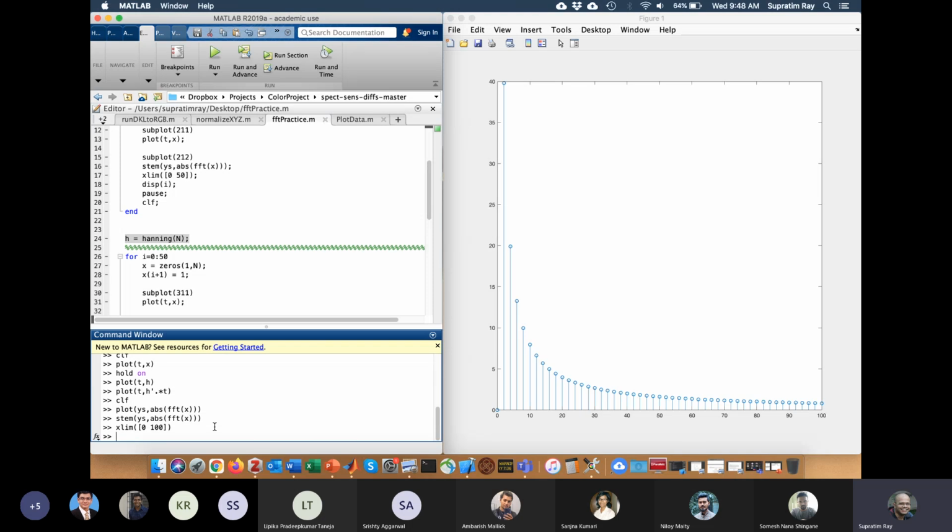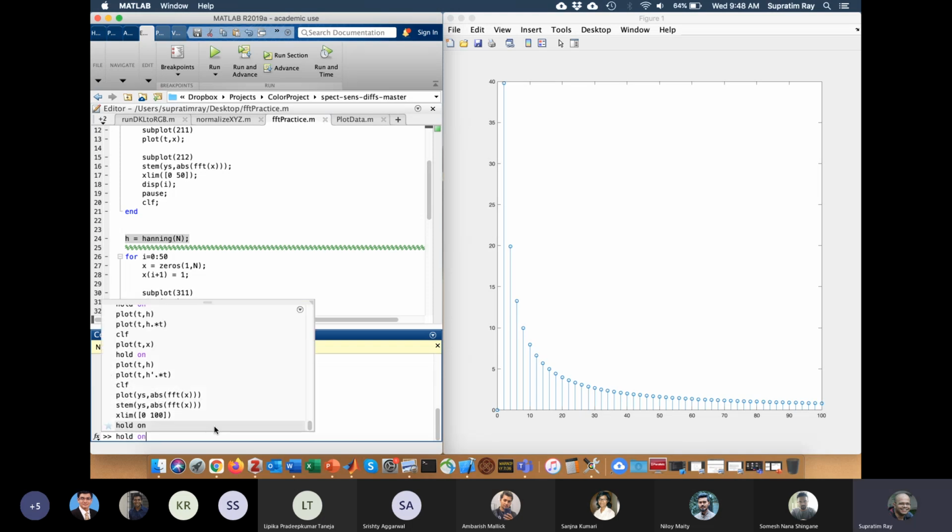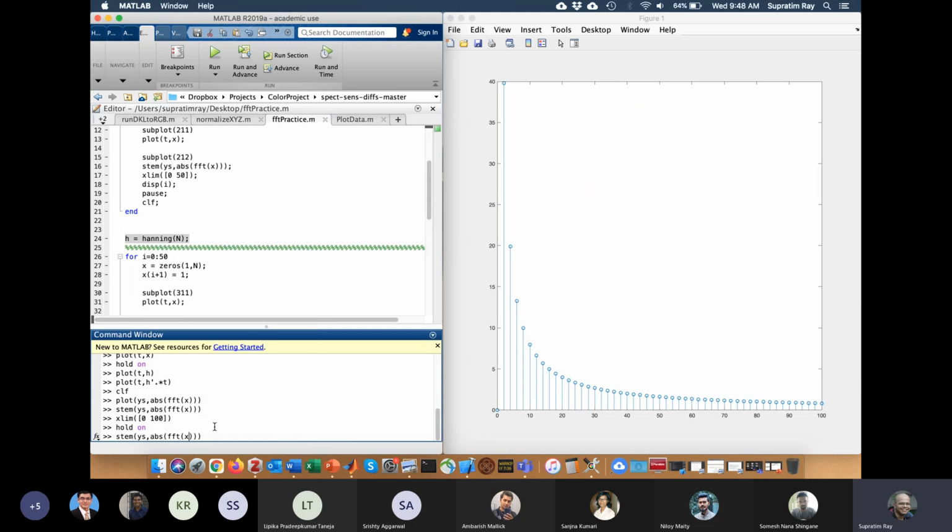What happens when I look at the Fourier transform of the distorted signal, the windowed signal? This is a dot product with H. This bar here just converts it to a row vector. So this is a row vector, this is a column vector, so I just made it a row vector. That's it. Now, if you look at it, what you find is that these high frequency components have been reduced quite a lot.